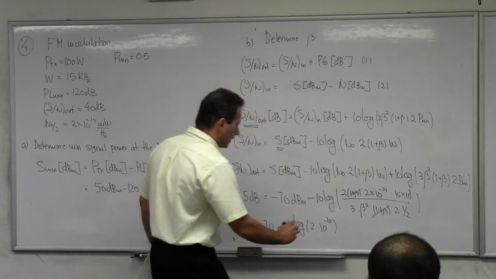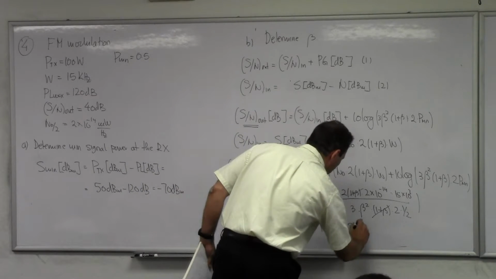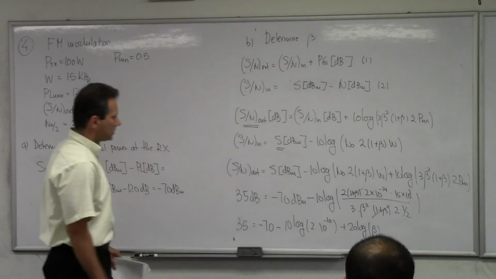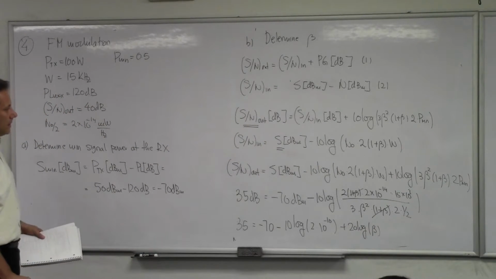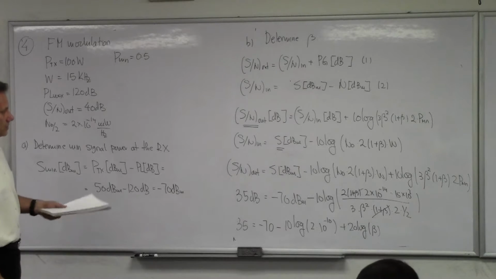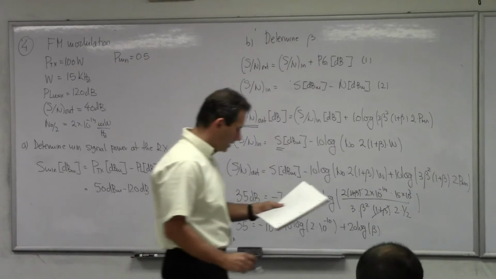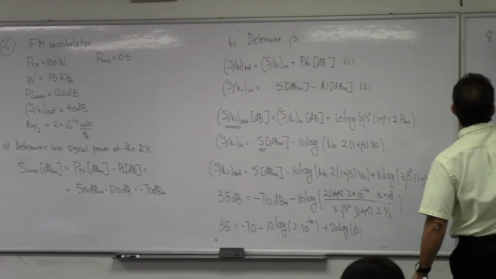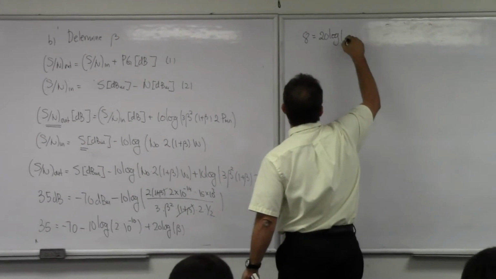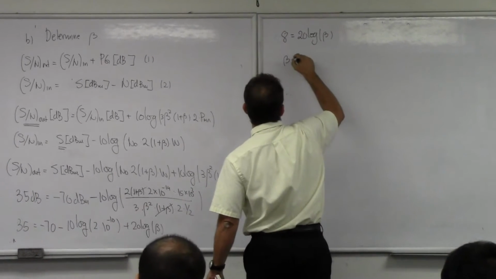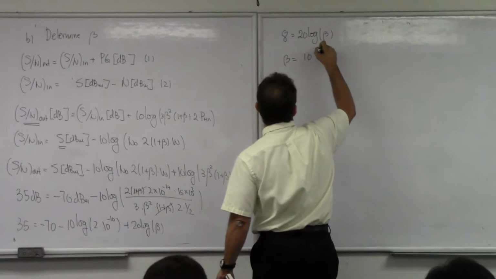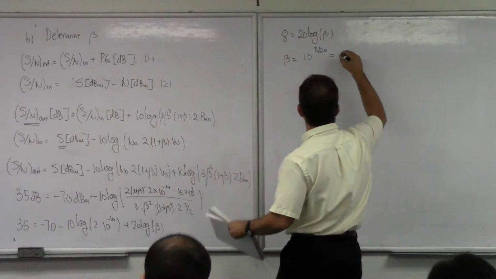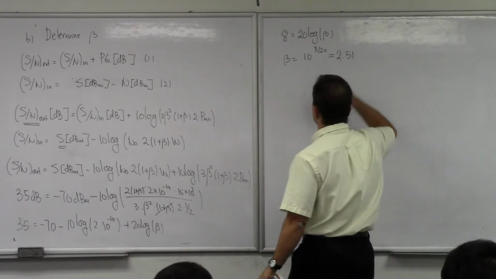And then I have plus 20 log of beta, where everything is rearranged. From here you can see that this is an equation only in beta. So you end up with 8 is equal to 20 log of beta, and beta is equal to 10 to the 8 over 20, which ends up being 2.51.